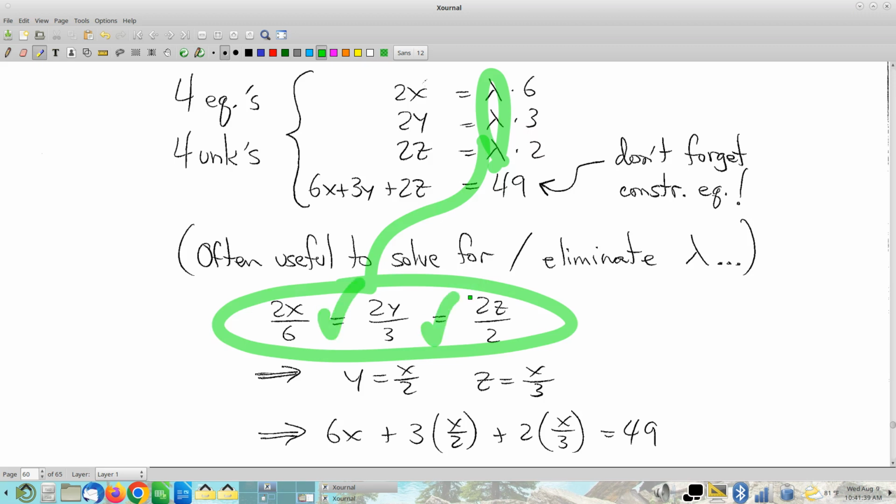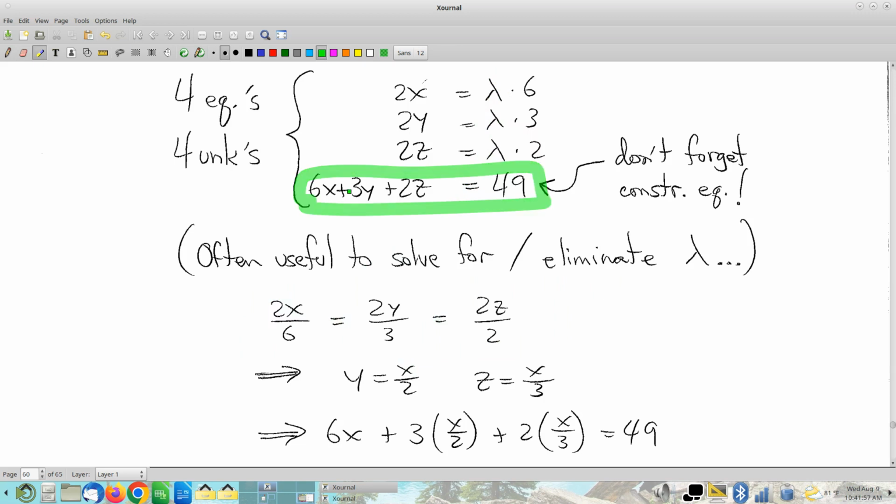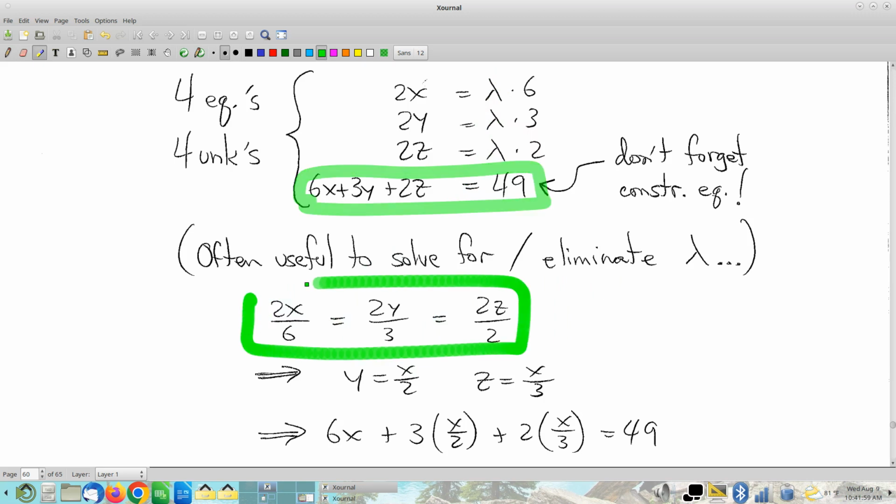So this is called eliminating lambda. You solve for it in all 3 equations and set those things equal to each other. Does that make sense? So now, having eliminated lambda, I have 3 equations and 3 unknowns.